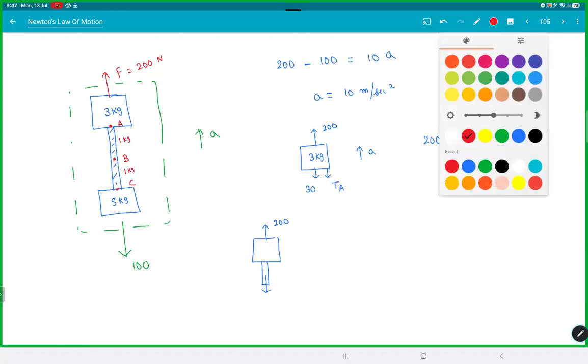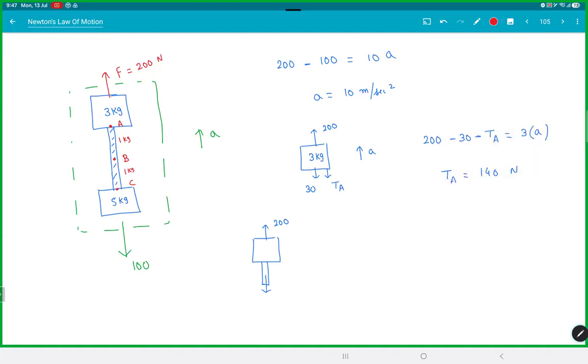This whole setup is acting like a 4 kg block, so weight is 40 newtons, and the tension would be TB. Acceleration, same story: 200 minus 40 minus TB is equal to 4 into acceleration 10. So we get TB equal to 120.